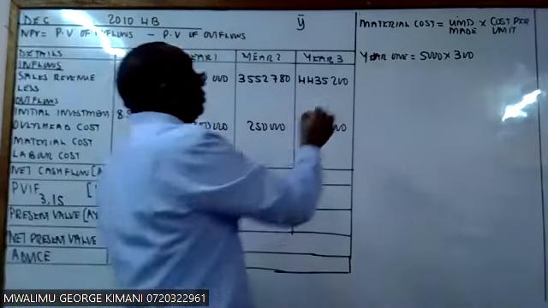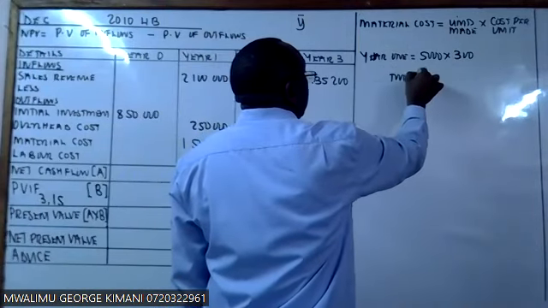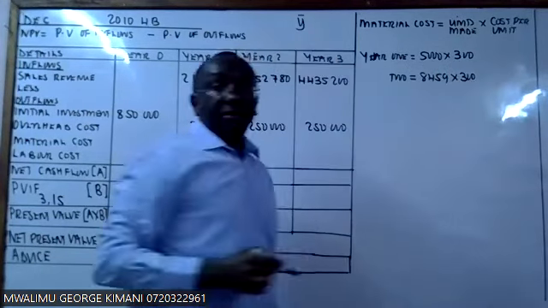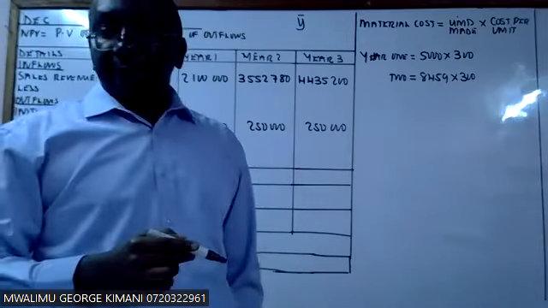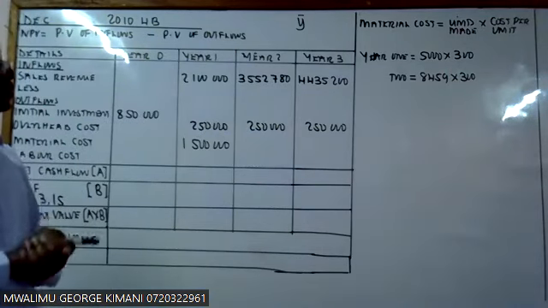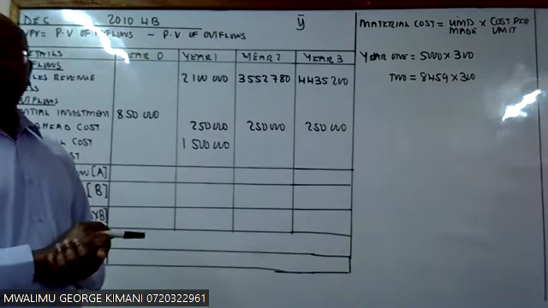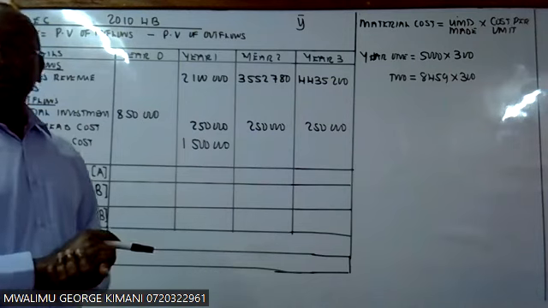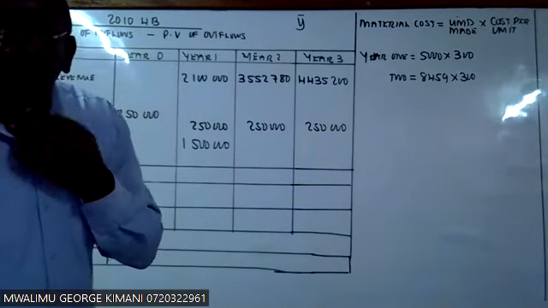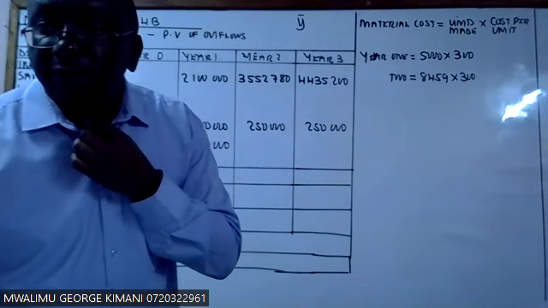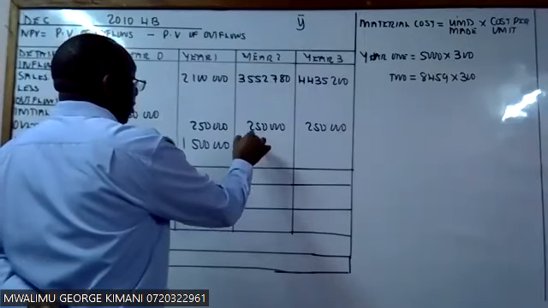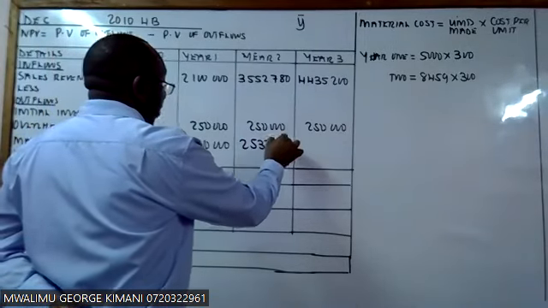Then for year 2, remember we made 8,459, each at 300. That gives 2,537,700.